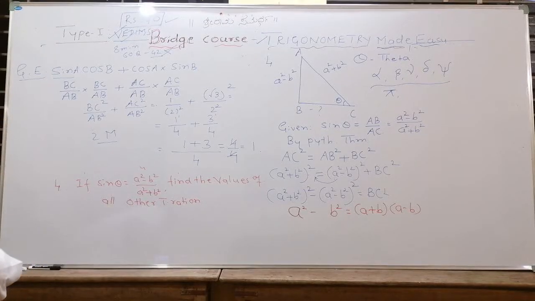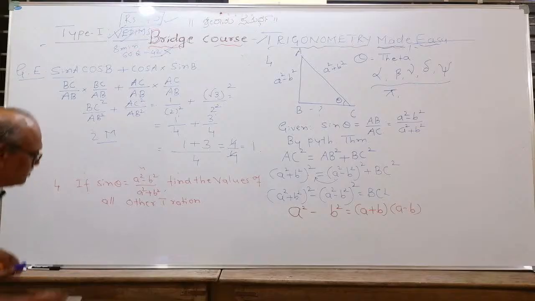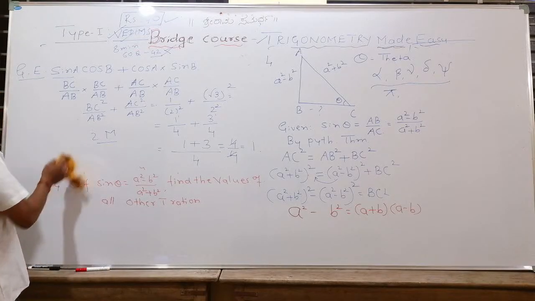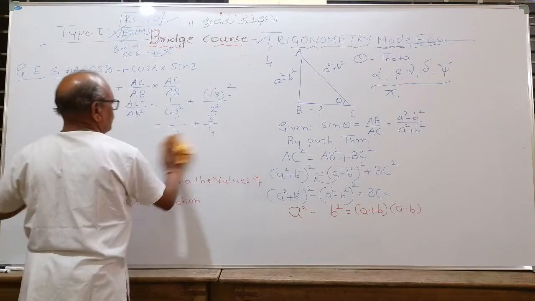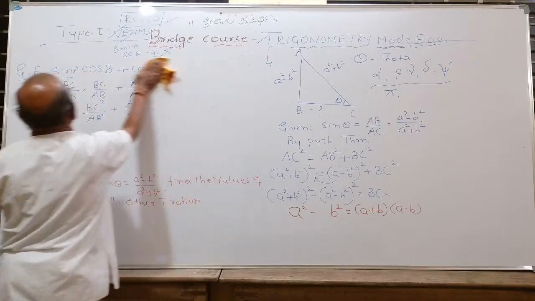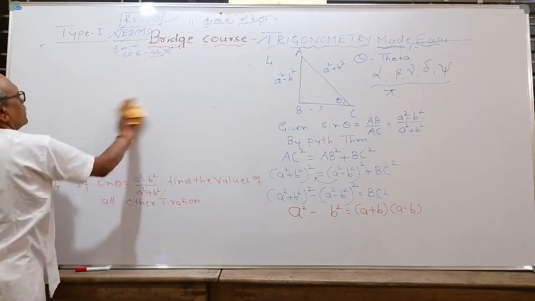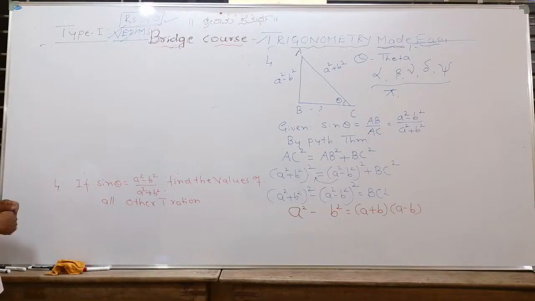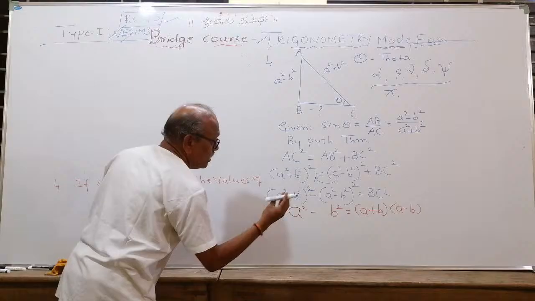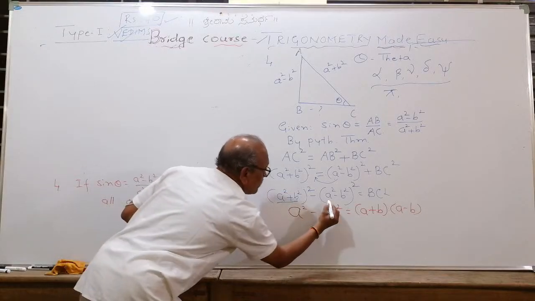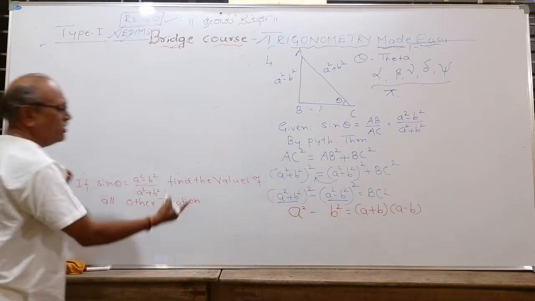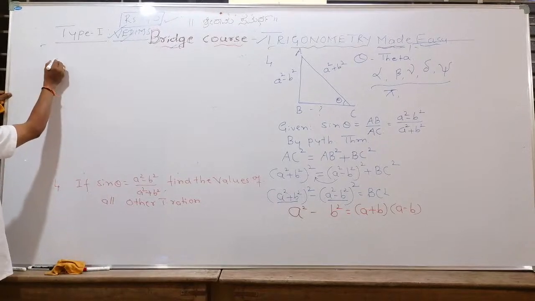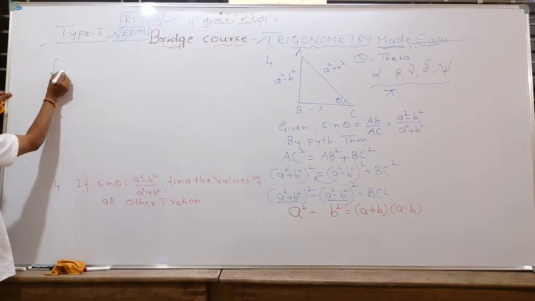Let me rub this one. Okay. You apply now. What is A in this case? Complete A. Don't make the mistake. A is a square plus b square and B is a square minus b square. A plus B, you have to write like this. I will write it in the flower bracket.